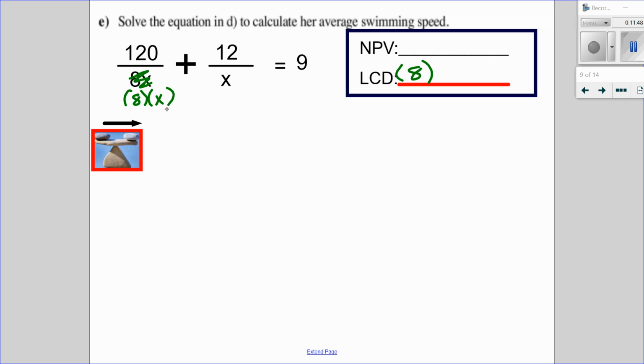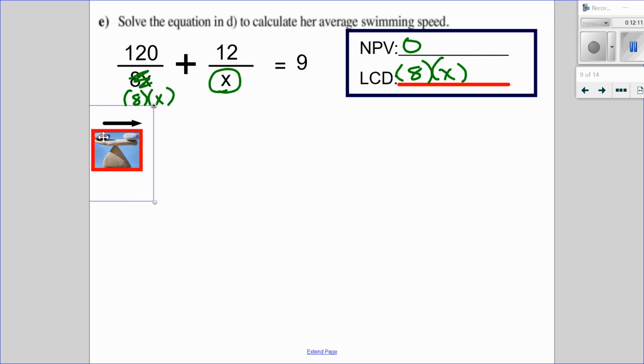To get rid of the divide by x, I would times by x. Looking at my next denominator, to get rid of a dividing by x, I would multiply by x, so I've already got that. So my lowest common denominator is just one of each factor, so it's 8x. Non-permissible value: since I have a monomial, my non-permissible value is 0.